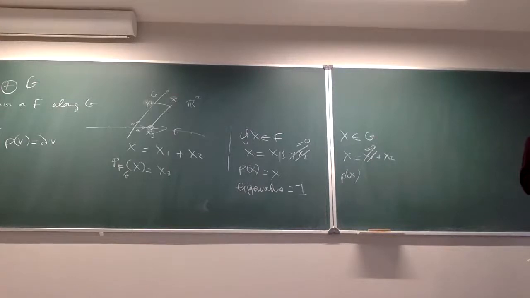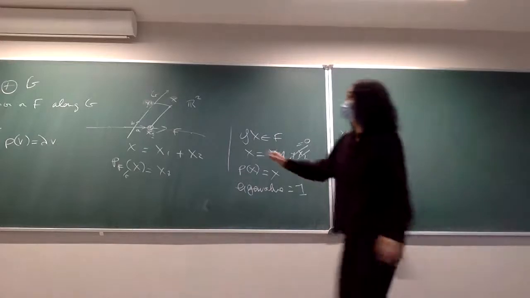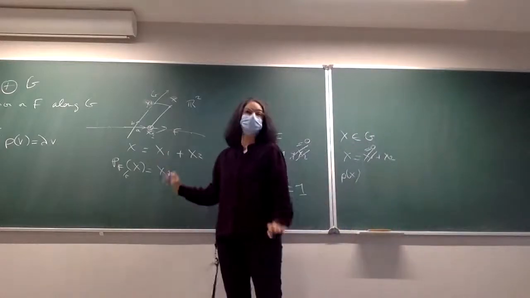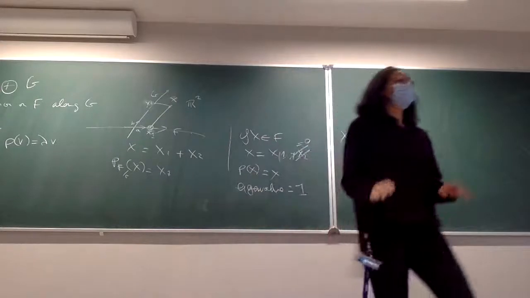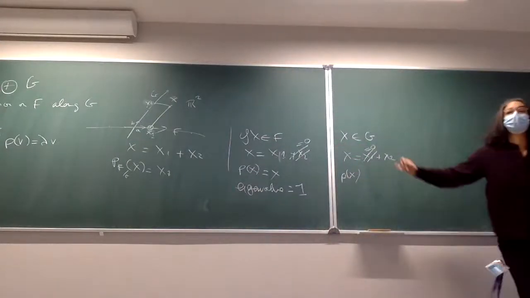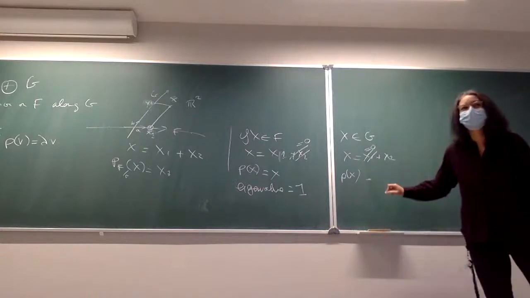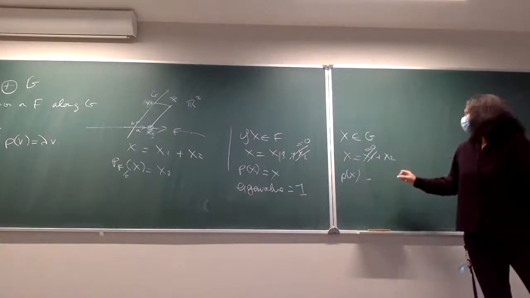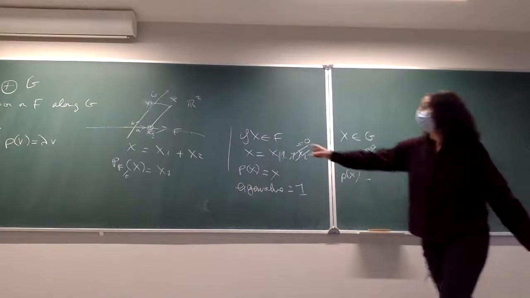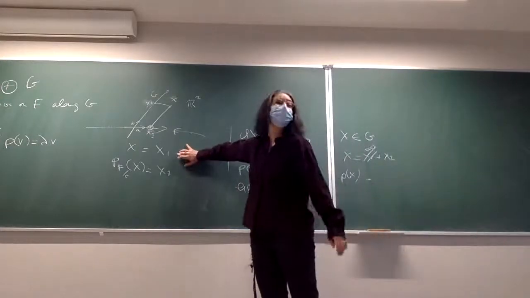When we do the projection, we keep the X1 part. You have no X1 part, so it's equal to 0. The goal of the projection is to get rid of the X2 component.